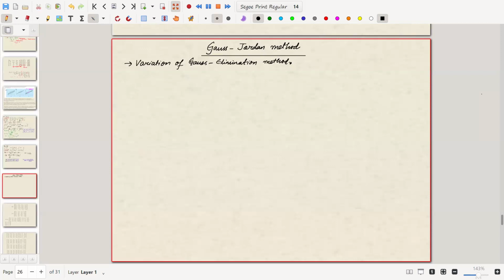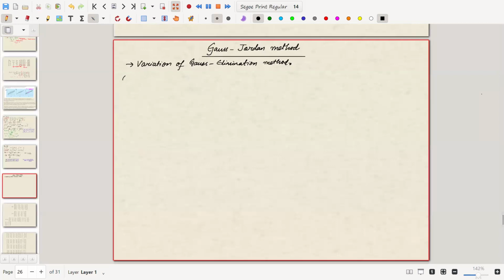Let us solve one problem based on the Gauss Jordan method, so that you can better know what is happening with this method. Then I will tell you the theory behind it. Consider this example.